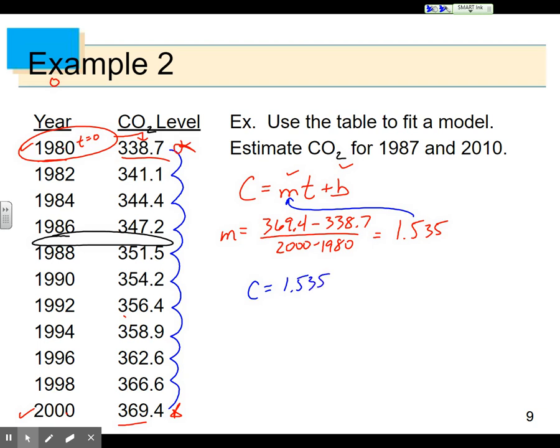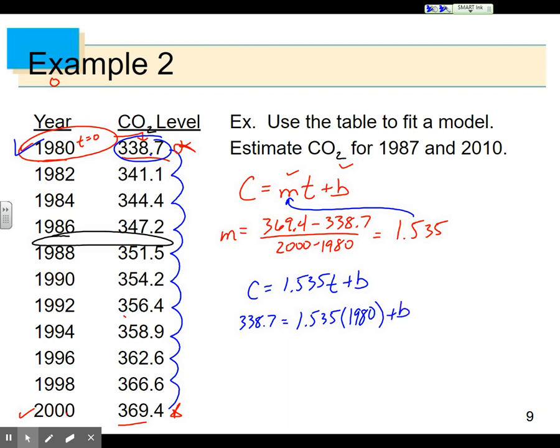I've got a couple ways I can work this. What I'm going to do is just pick my first point. Probably one of the two points that I use might be a little bit better. I'm going to take the CO2 level and put it in right here. I'm going to take the 1.535 I just found, and then the time on that was 1980. Like I said, if I use 0 there, it's going to be okay. It's just going to spit out this as my CO2 level. You just need to somehow let me know that that happened.